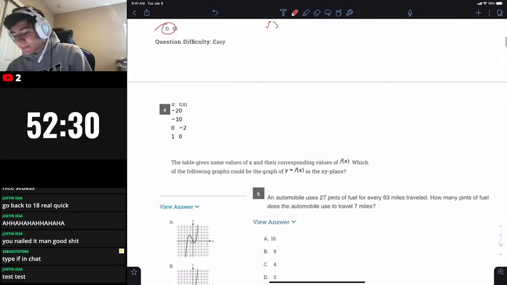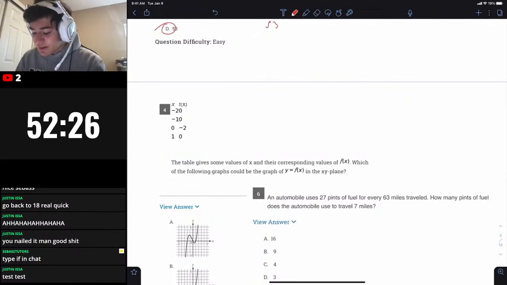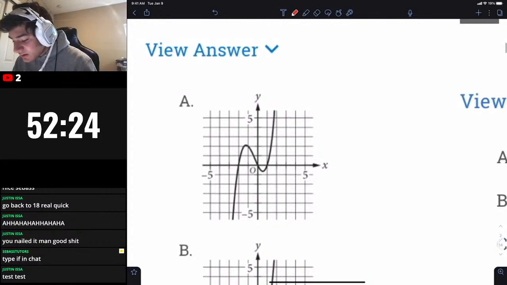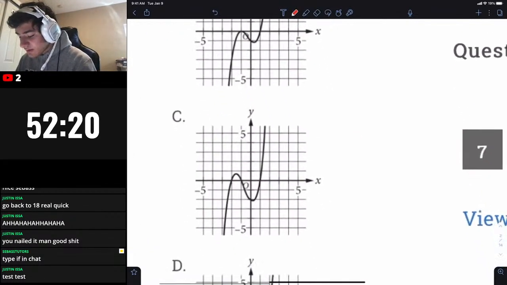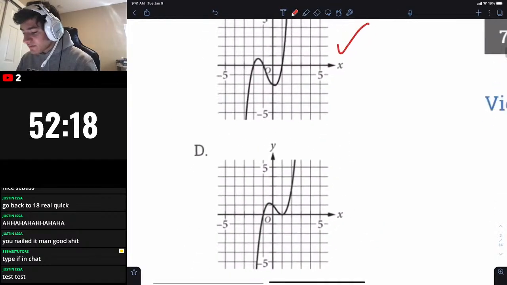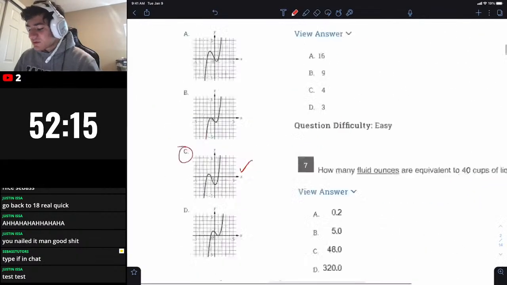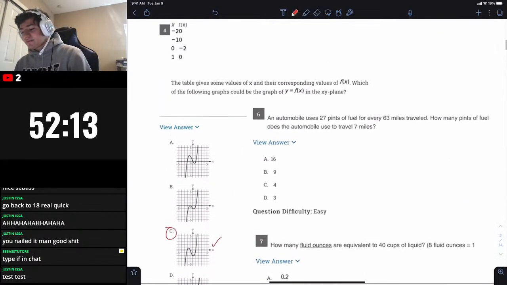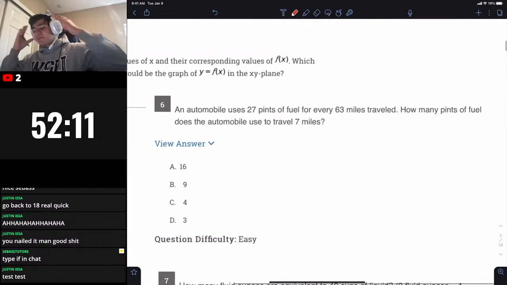Okay, we have a point (0, -2). Not there. Here we do have (0, -2). Okay, so it's C. That table was a little weird with the way it's set up, but whatever.